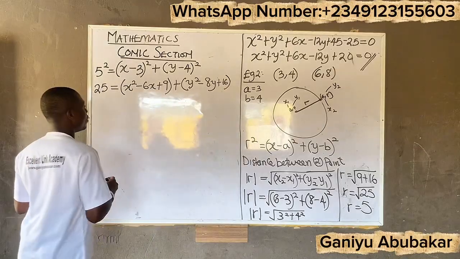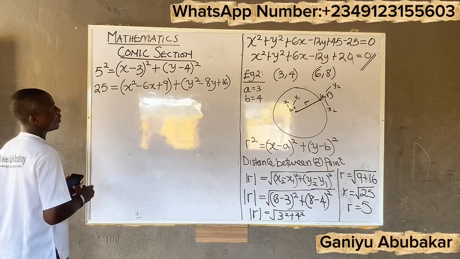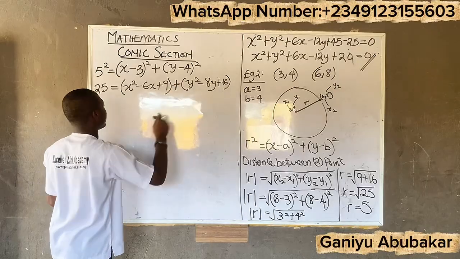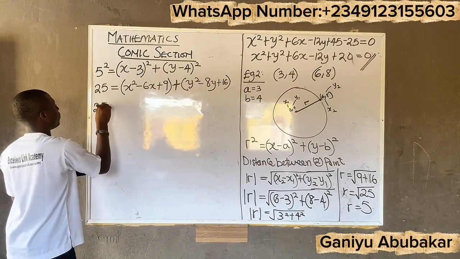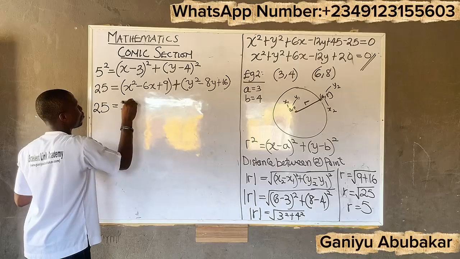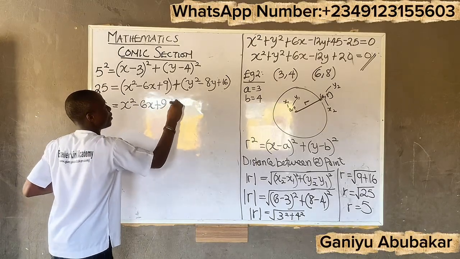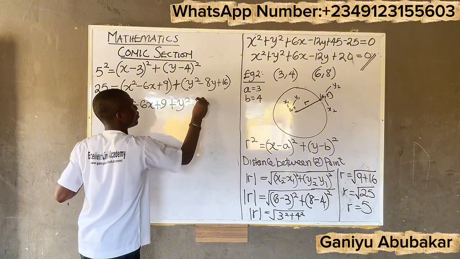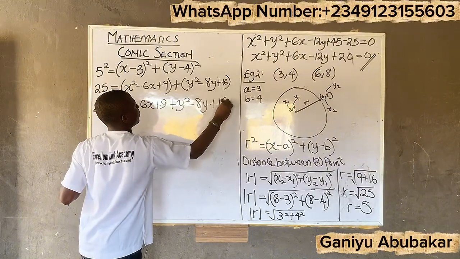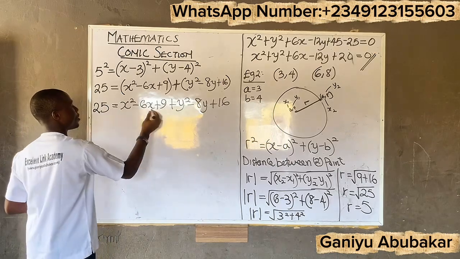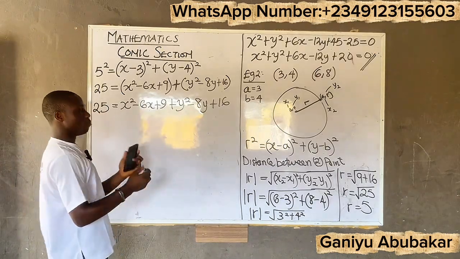All right, my next task here is that if it's plus sign here, just remove the bracket. That gives you 25 equals x squared minus 6x plus 9 plus y squared minus 8y plus 16. We said bring those that have square together, x and y together, and numbers together.